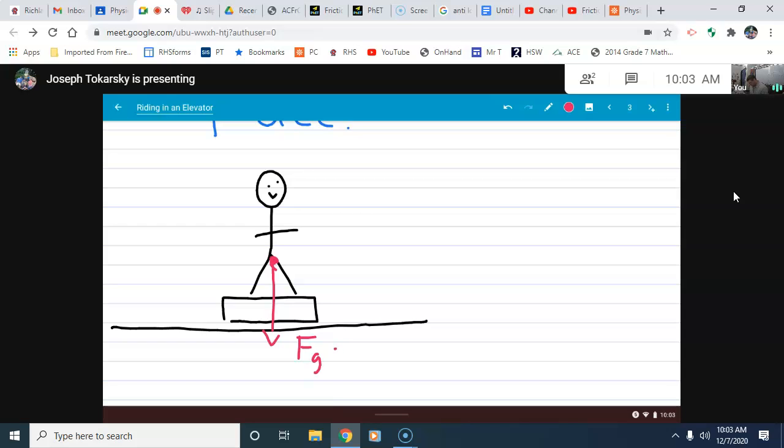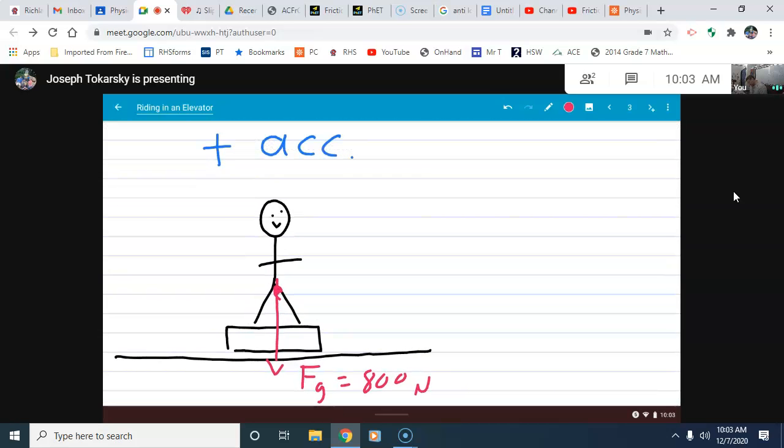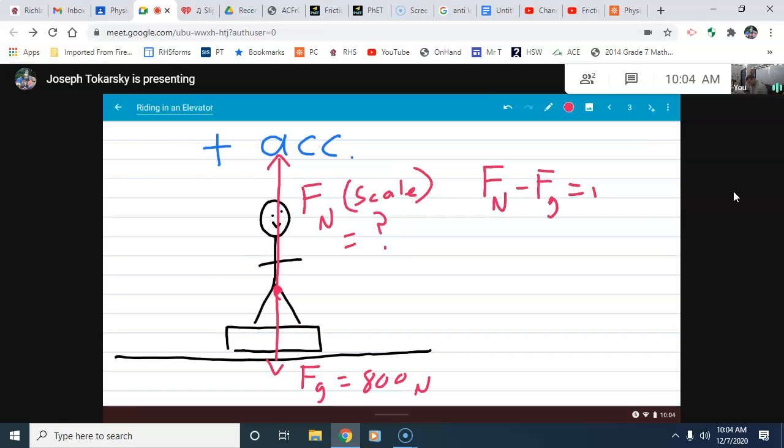So if a real person's weight is 800 newtons, and I'm experiencing a positive acceleration, we actually feel heavier, and the normal force, aka the scale reading, of the scale pushing back on you, no longer is 800 newtons. What is it? Well, it's going to be heavier. And we'll prove that right now, because we're going to set up Newton's second law like we've been doing. Normal force minus weight is the net force, equals ma. But it's some positive acceleration.